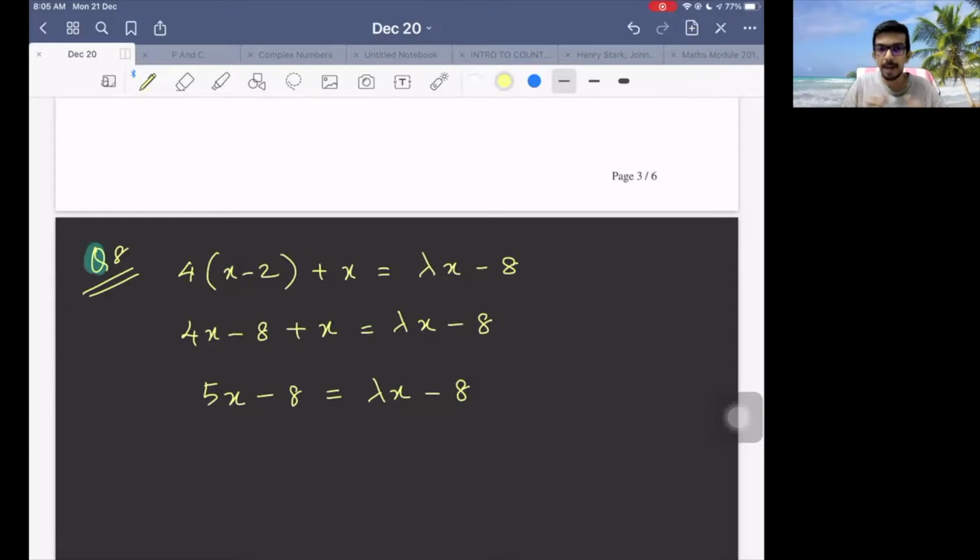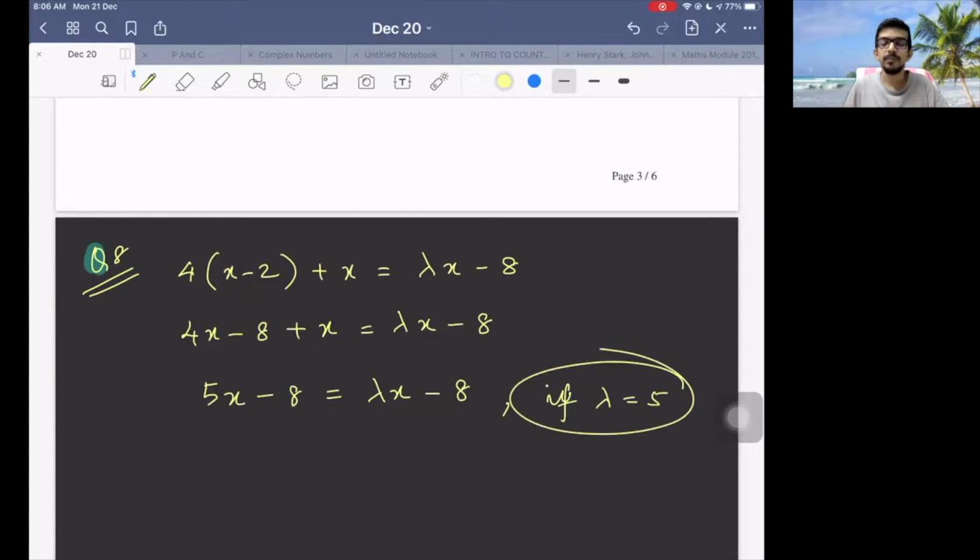See, if lambda happens to be 5, what happens? If lambda happens to be 5, you will have identical expressions on both sides, right? If lambda is equal to 5, just think about it. What happens?